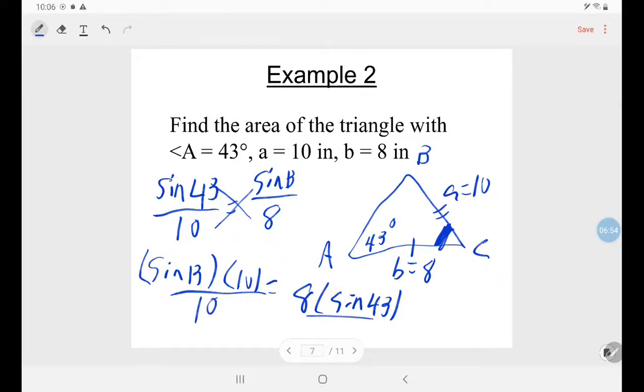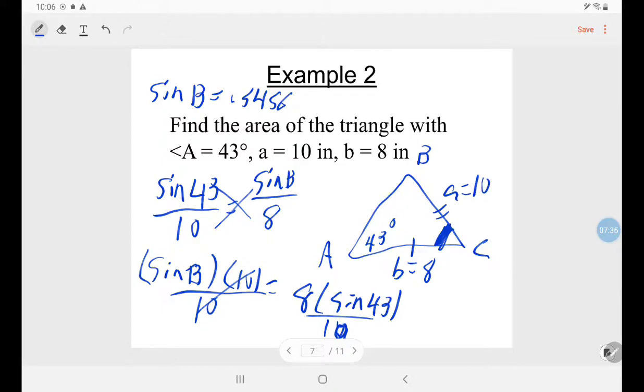I divide both sides by 10, and that's going to give me that sine of B equals, well, whatever this mess is. So let me go ahead and compute that. I'm going to take 8 times sine 43, and then divide that by 10. That gives me about 0.5455 or 0.5456, which is an estimated value.